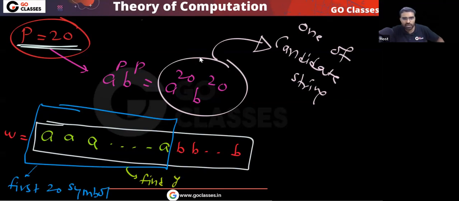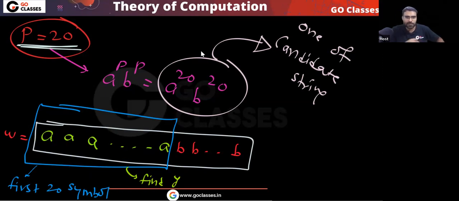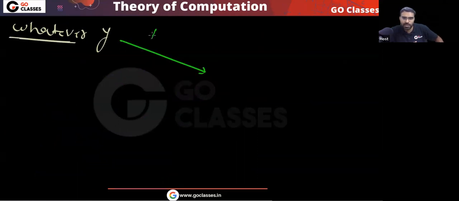Tell me one thing. Whatever y I take, whether y equal to a, y equal to double a, y equal to triple a, y equal to a power 20, if I repeat 0 times, what will happen in the resulting string?